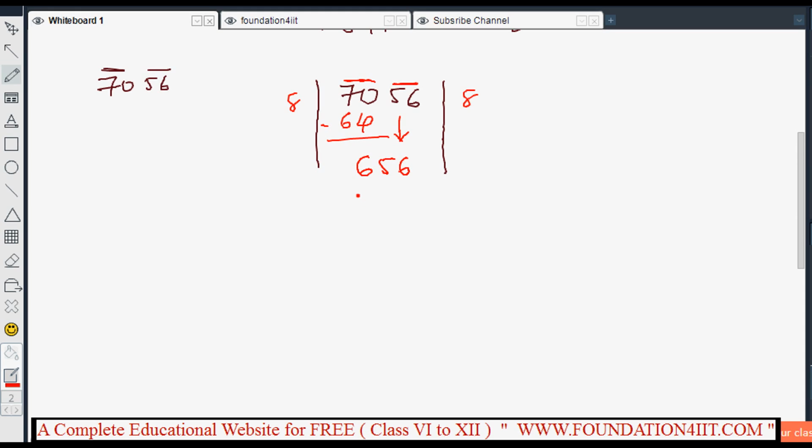Now 656 is the number. What I said is that this number should be doubled. The units place should be doubled. So if you double the single digit 8, that is 16.